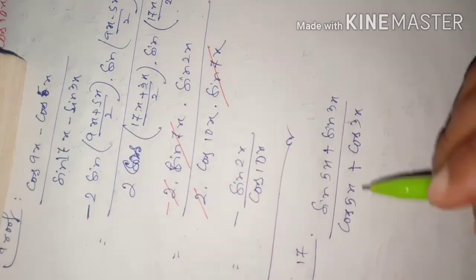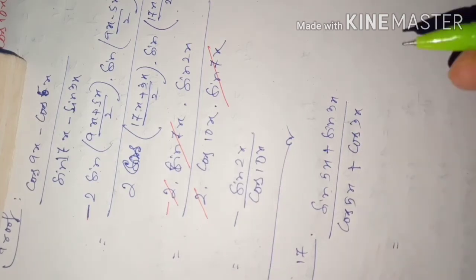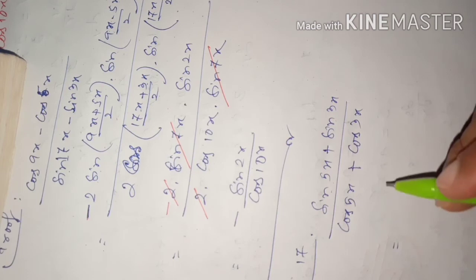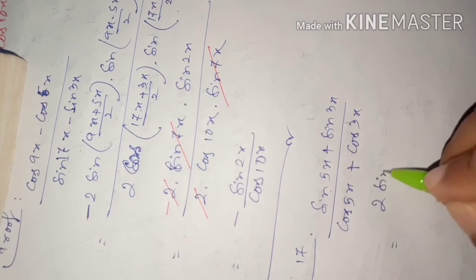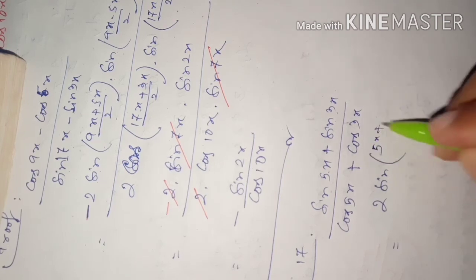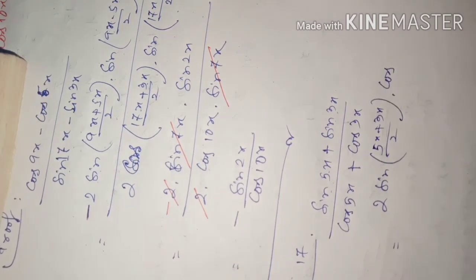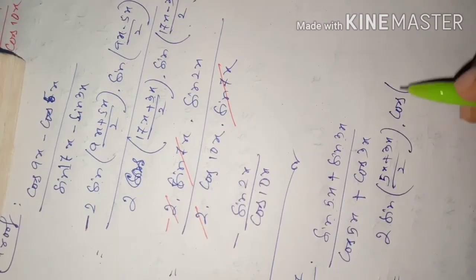plus cos 3x). Similar type of question. So sin A plus sin B is equal to, as you know, twice sin of (A plus B) by 2 into cos of (A minus B) by 2, 2 times sin of (5x plus 3x) by 2 into cos of (5x minus 3x) by 2.